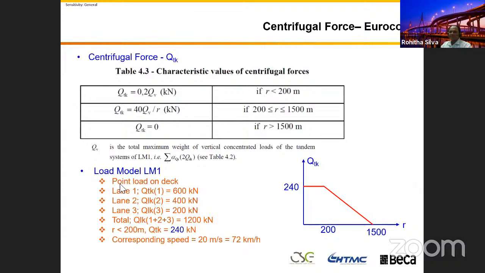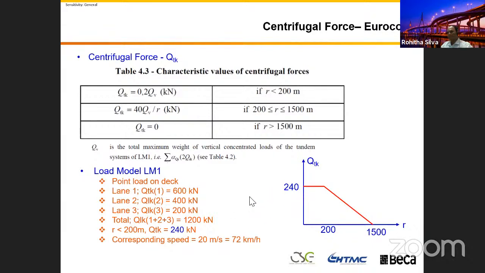So you can see if you use that 3-lane example, that's what I drew in this diagram. Your total weight is 600, 400, 200, 1200, and 20% of that is 240 kilonewton.